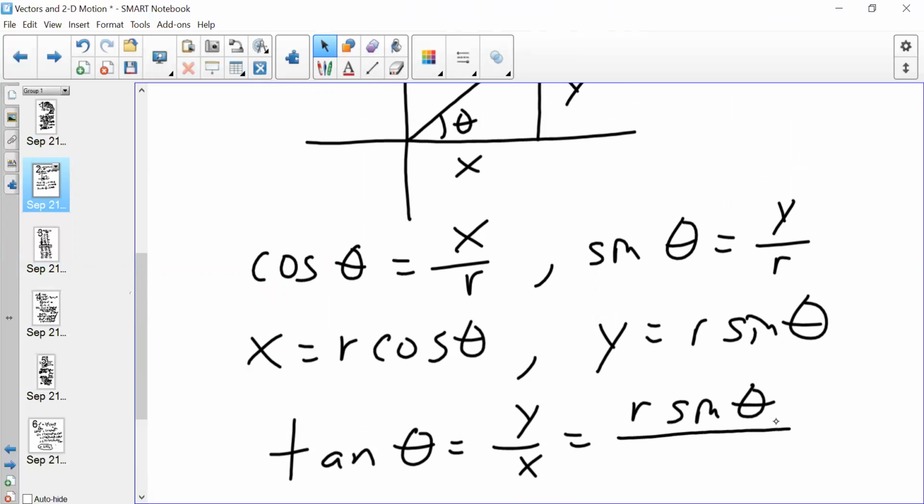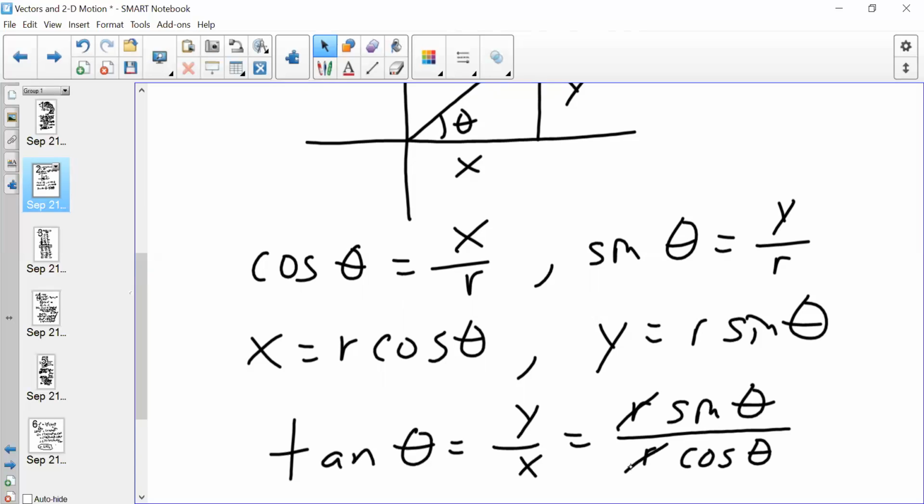Yes. We use the polar coordinates when a thing is not moving in a horizontal or vertical manner. It's rotating. Or we're going about the XY plane in a circle.